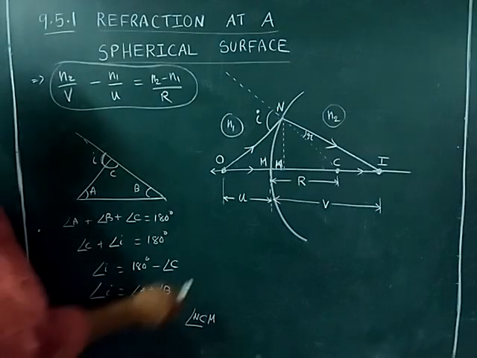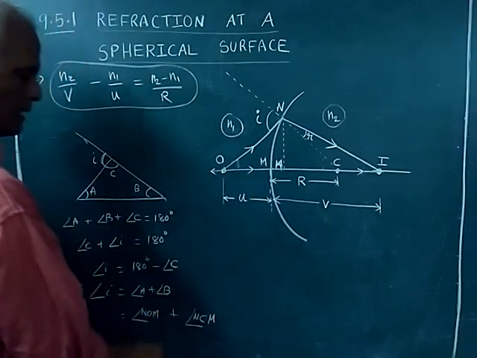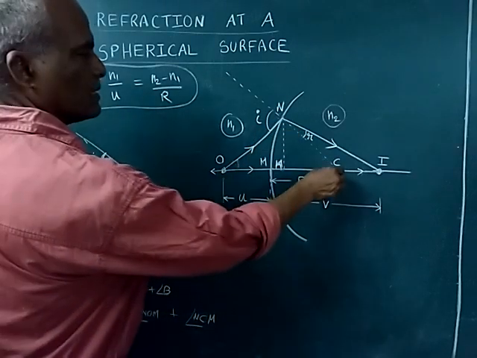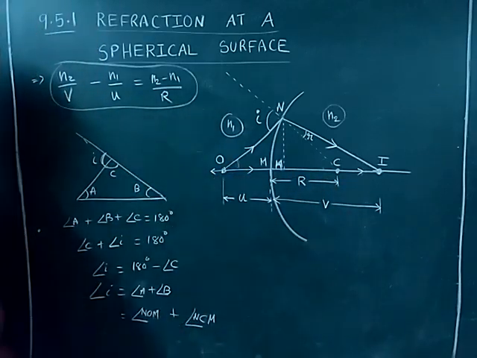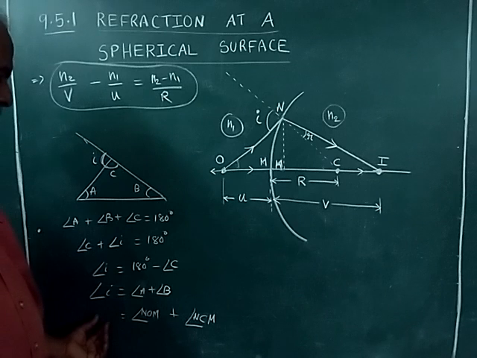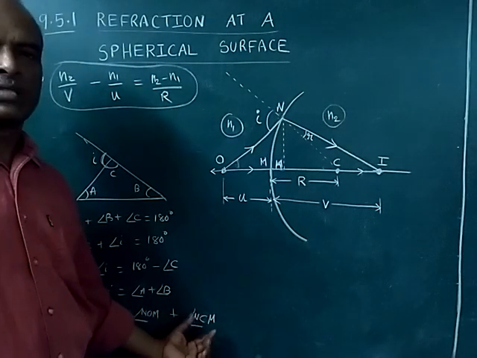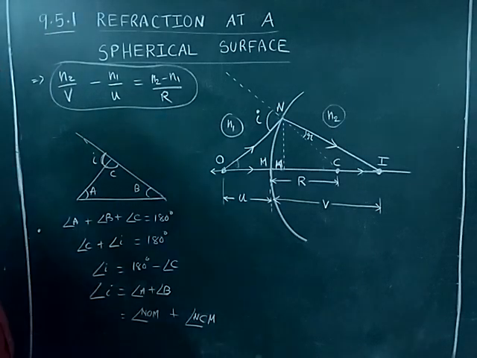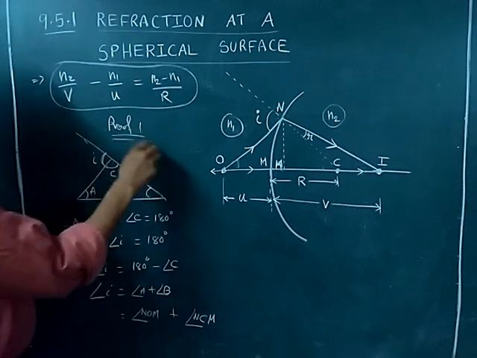Angle NOM plus angle NCM. So this angle and this angle we have represented like this. Therefore, angle I is equal to angle NOM plus angle NCM. This is proof 1. Next we will see the second proof.